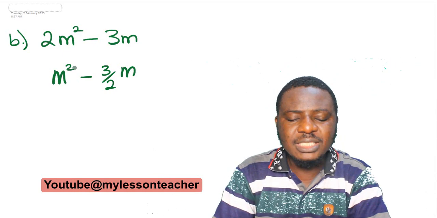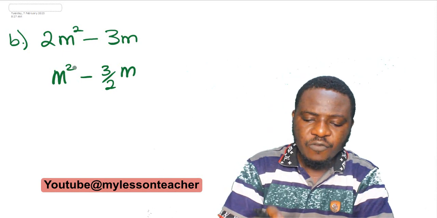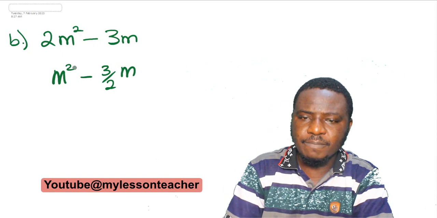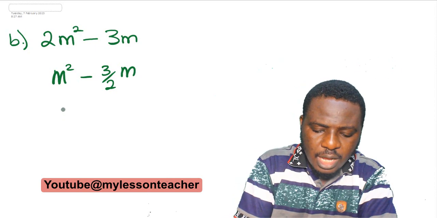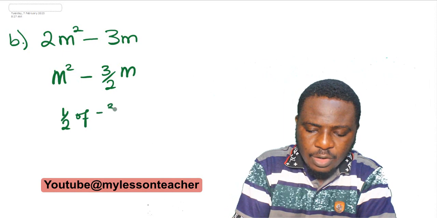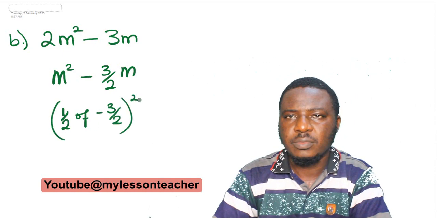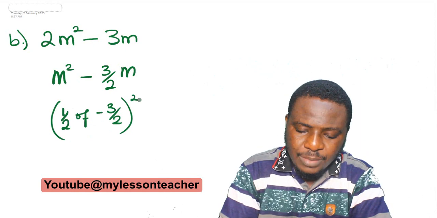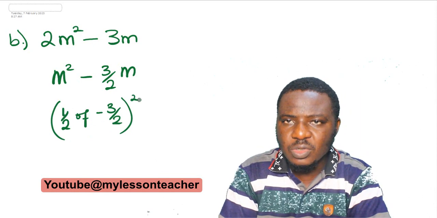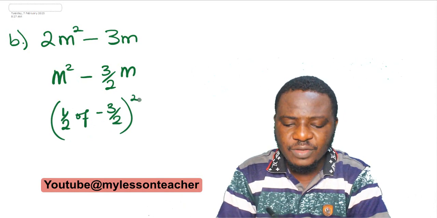Okay, now we have made it a perfect square. The second rule says you find half the coefficient of the second term. So this becomes half of minus 3 over 2, squared. When you simplify this, it gives you that constant term that when you add to this expression, makes it a perfect square.